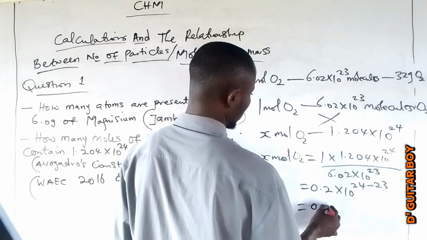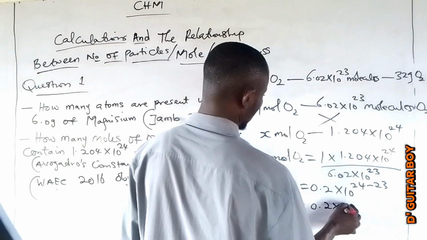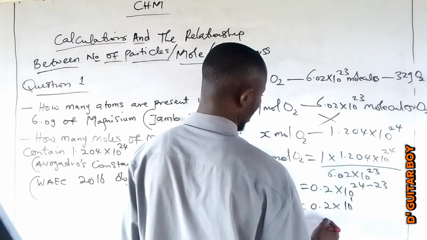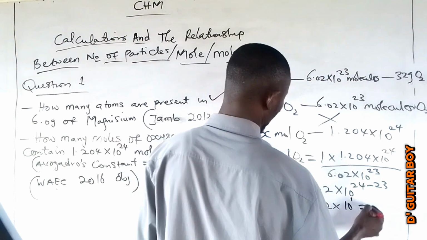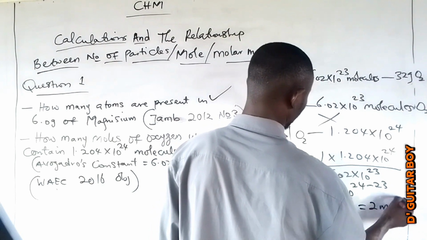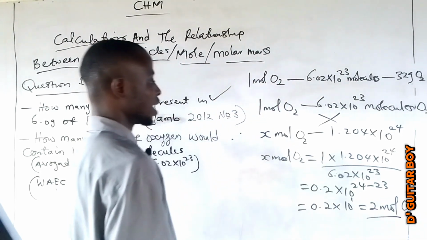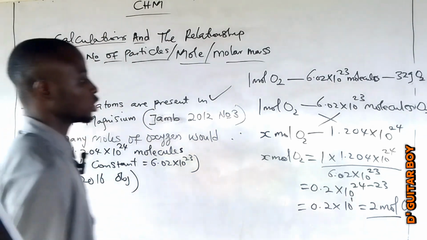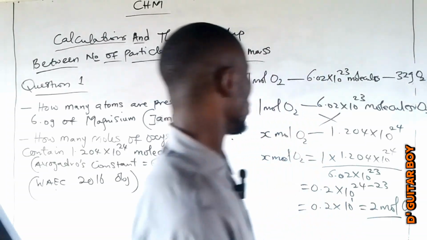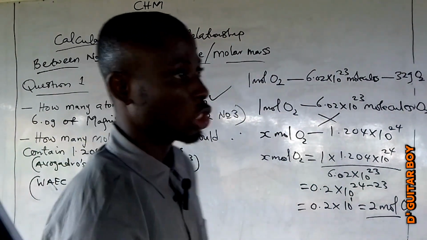So it is 0.2 times 10 raised to power 1, which is equal to 2 mole. 2 mole of what? Oxygen molecule. So the answer is 2 mole of oxygen molecule. So you see how I solve this particular problem. The answer is 2 mole of oxygen molecule.